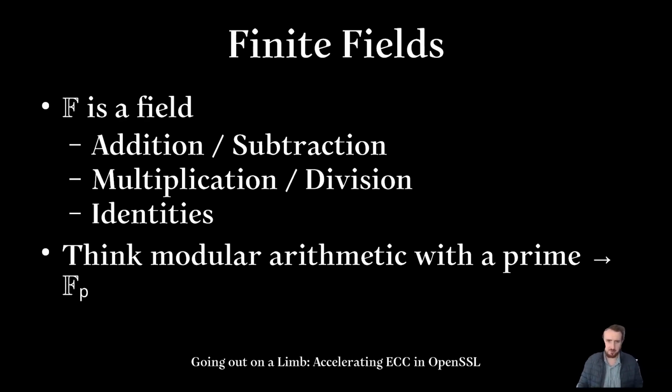It has addition, subtraction, multiplication. Non-zero elements also have a multiplicative inverse, and so off that you can define division. There's no such thing as zero division still. And you have your identities: 1 is the multiplicative identity, 0 is the additive identity. So think of the reals without necessarily the order or analytic properties.